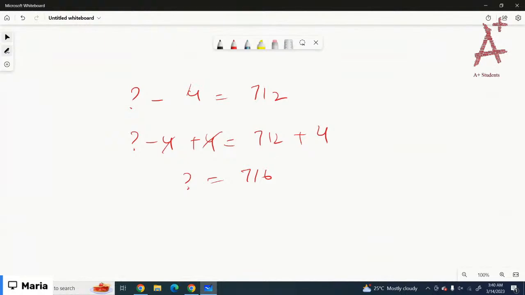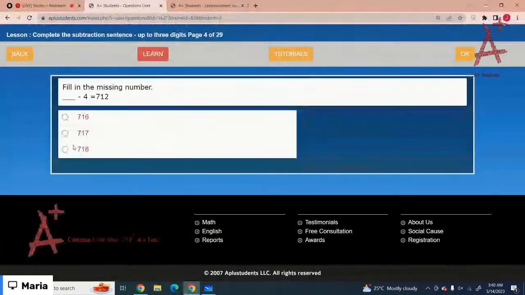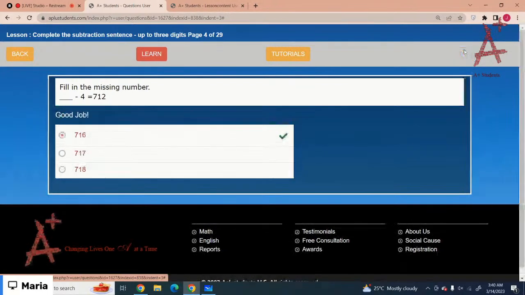Got it? That means the missing number is 716. So the correct option is 716. Just select the correct option and click on the OK button.